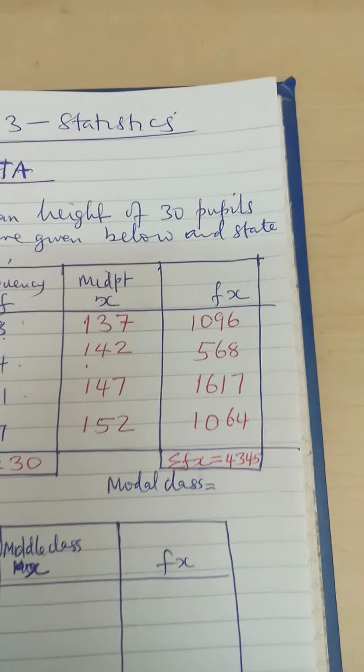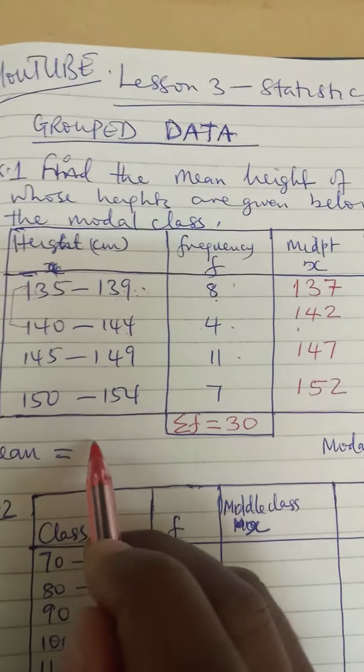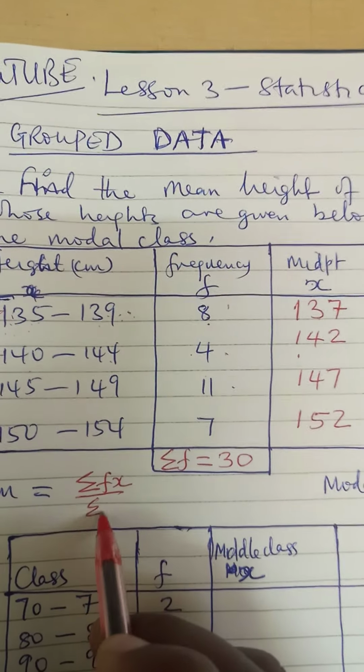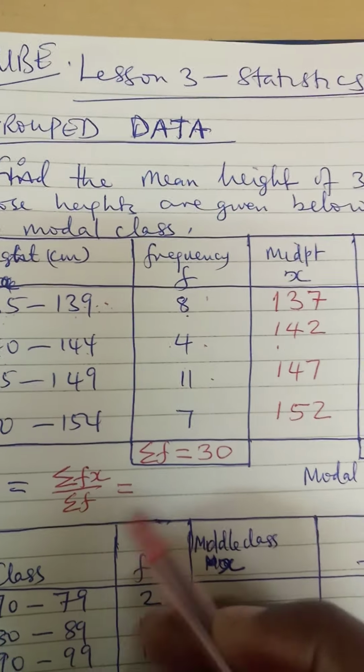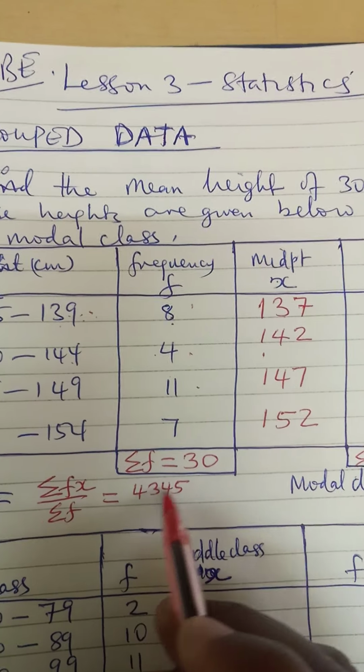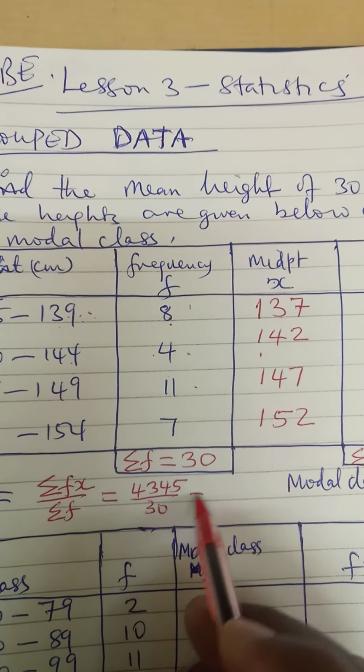4345. To find the mean, we use a formula of summation f of x over summation of f. This will give us 4345 divided by 30.